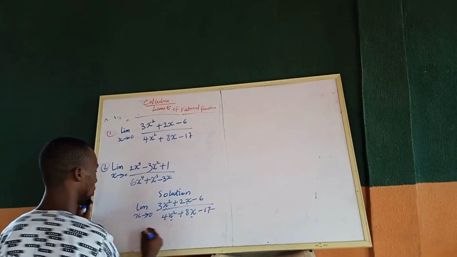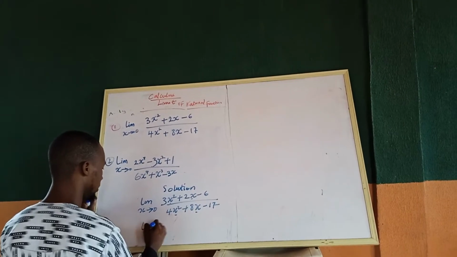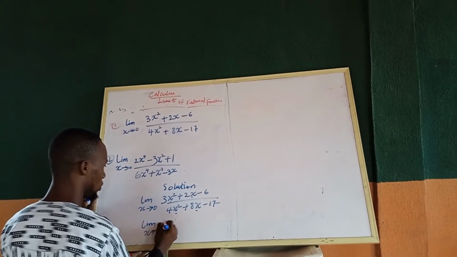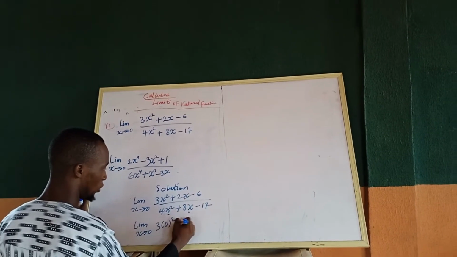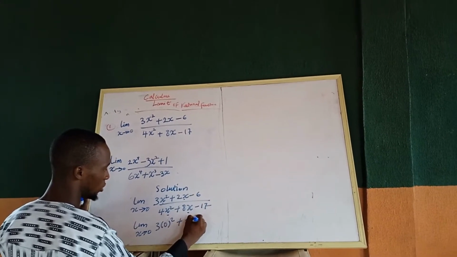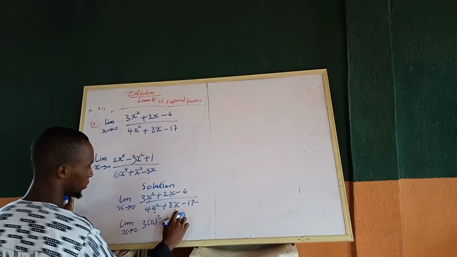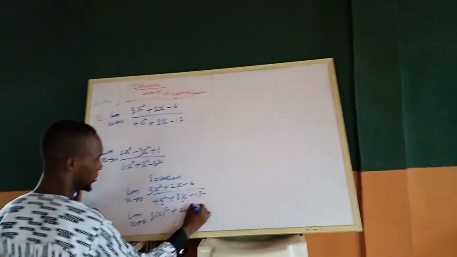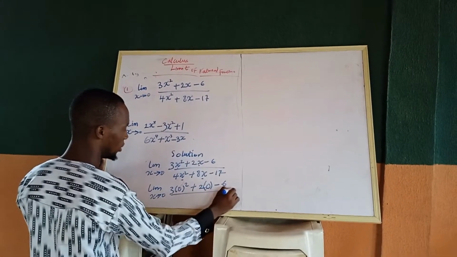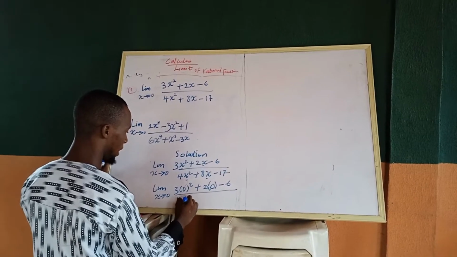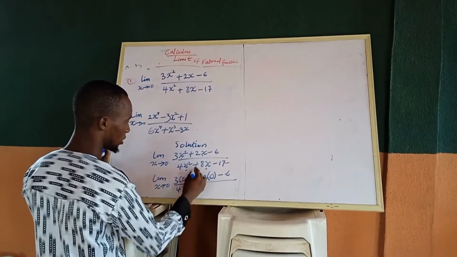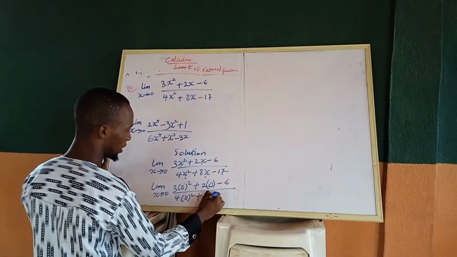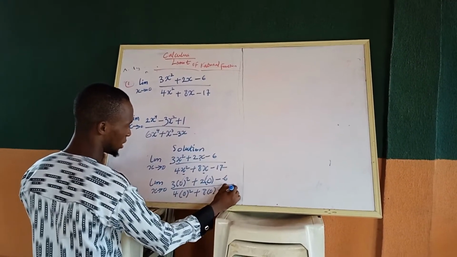Let's see what we will get: limit x tends to 0 of (3(0)² + 2(0) - 6) over (4(0)² + 8(0) - 17).